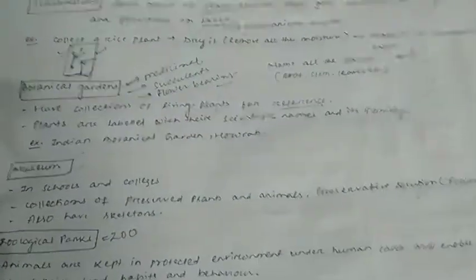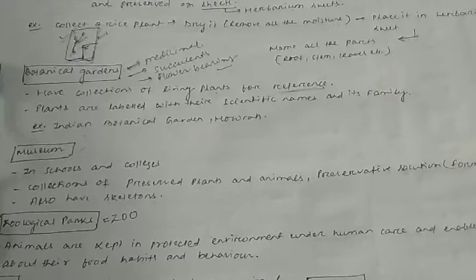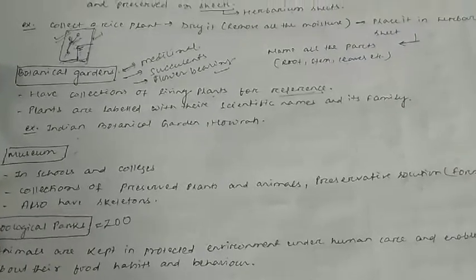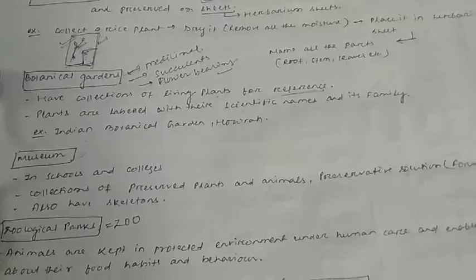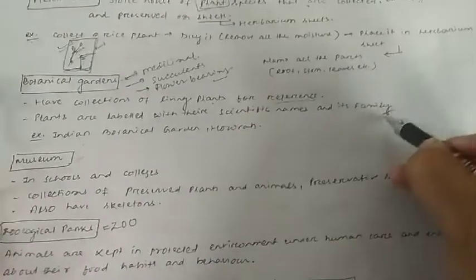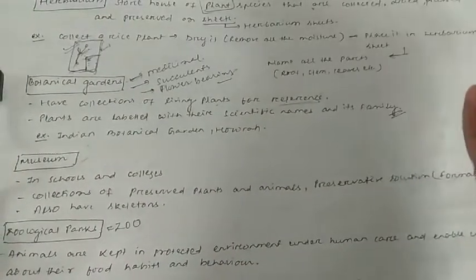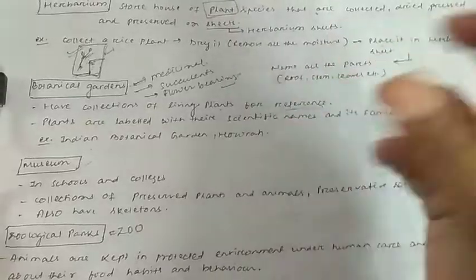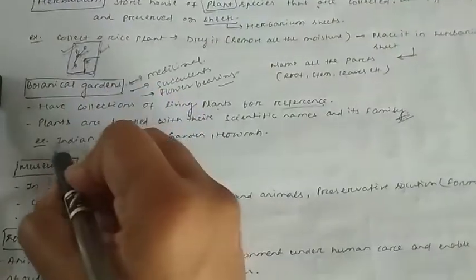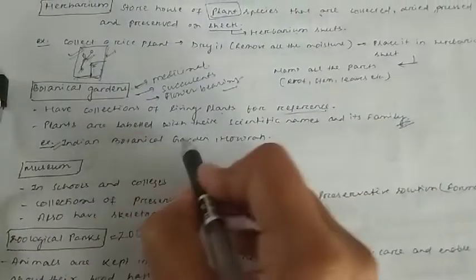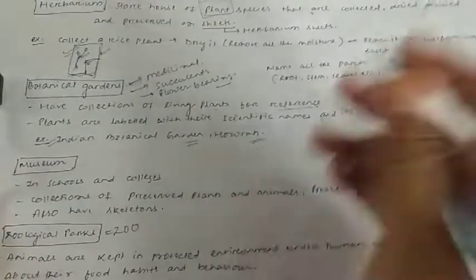Many plants you can find, and every plant is labeled with its scientific name and its particular family, and maybe there can be labeling of their purpose or many fundamental characteristics. Here I have taken one example, that the Indian Botanical Garden is present in Howrah, Kolkata.